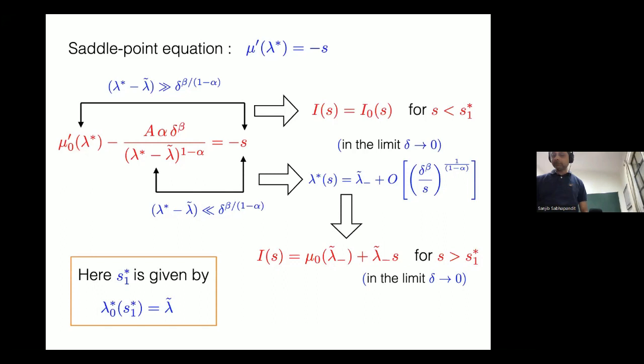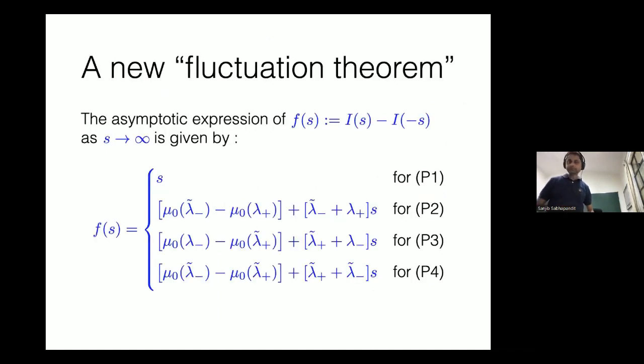You can forget about the other one, and you solve this equation. When you solve it, you find that lambda star is given by lambda minus plus some correction term. In this case your large deviation function is just given by this one. Therefore, for large s you have a different large deviation function, but when s is very small, your large deviation function coincides with the large deviation function of the delta equal to 0 case.